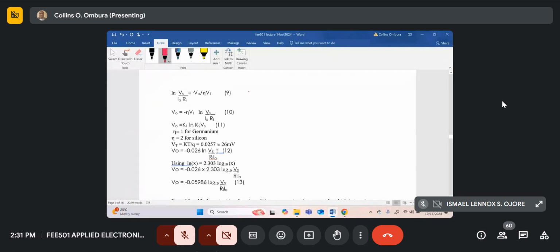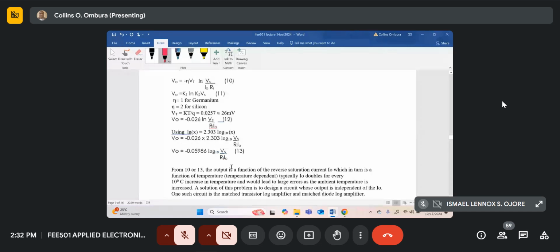Now, if you want to compute the log in base 10, we can use this relationship that natural log of x is equal to 2.303 log to the base 10 of x. So we can convert 12 in terms of base 10, and we get V naught is equal to minus 0.026 times 2.303 log to the base 10 of Vs over R1 I naught.